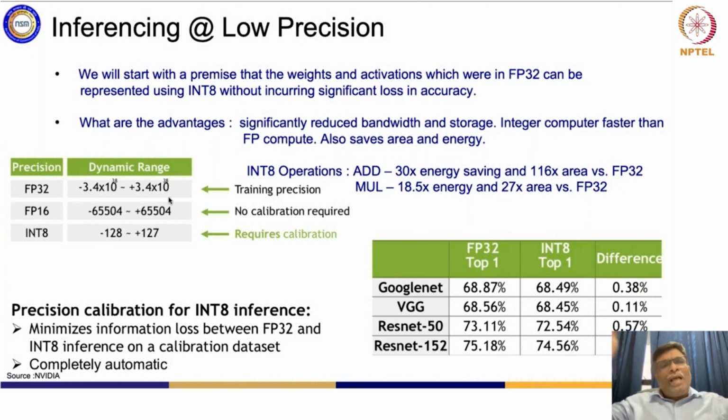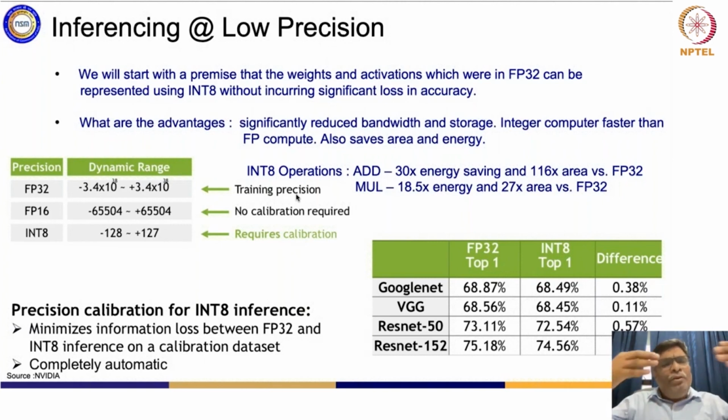So that is the whole dynamic range which you are working with, and let us assume this to be the training precision. So the training precision's dynamic range varies from minus 3.4 into 10 to the power of 38 to plus 3.4 into 10 to the power of 38.